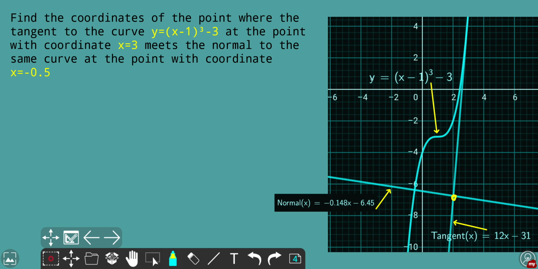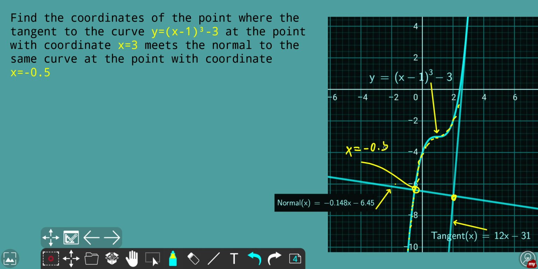So you have the curve with the equation (x minus 1) cubed minus 3. I just put some dots, okay? So that's your curve. As you understand, this is a polynomial. Here is going to be the normal line at a given point. The point is negative 0.5 for x, so the x coordinate is going to be negative 0.5.